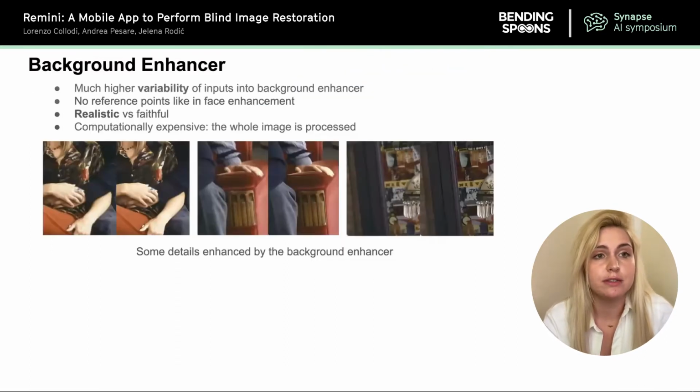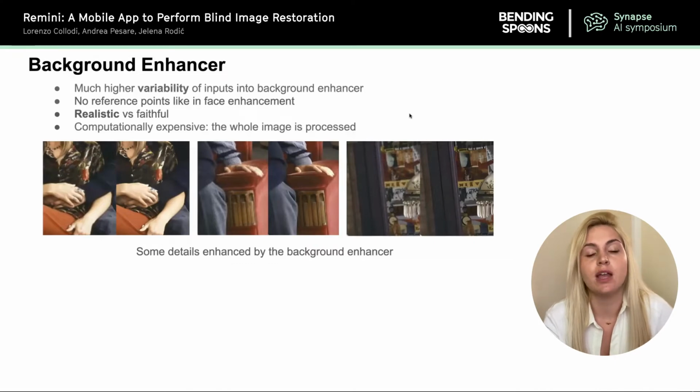Alright, so now let's go to the background enhancer. As I explained previously, the background enhancer needs to work in various types of situations, and it does not have any reference points to start from, like the face enhancer had. So it can be working on a lamp, or on somebody's arm, or on kitchen tiles. It can be literally anything.